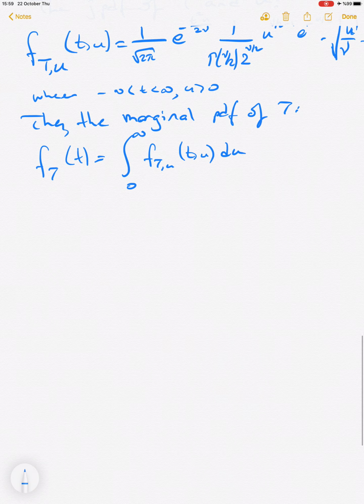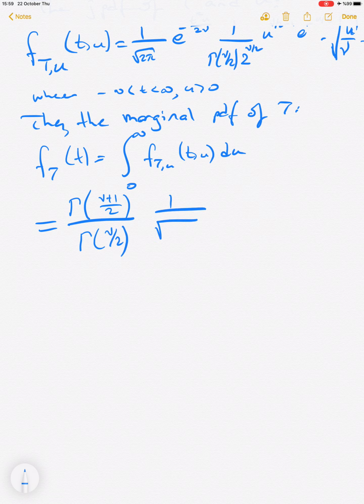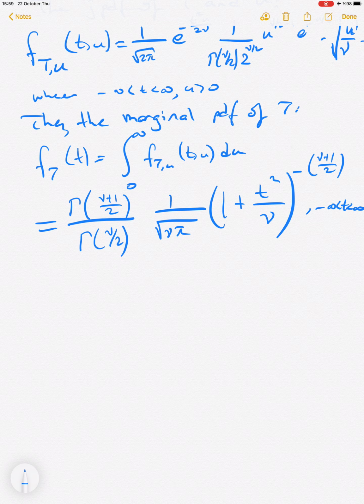After that you will end up with one PDF, which is this one: gamma of (nu plus 1) over 2, over the square root of nu pi times gamma of nu over 2, times 1 plus t squared over nu, to the power minus (nu plus 1) over 2. And the range of t is from minus infinity to infinity.